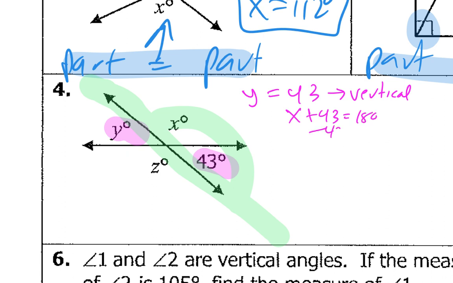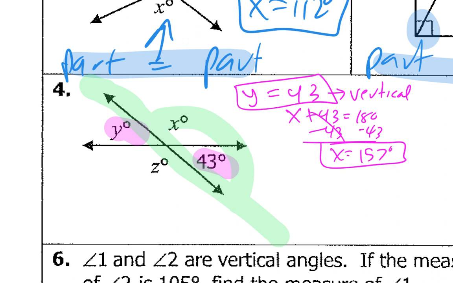Of course, I would just subtract 43, and that would mean X equals 157 degrees. So X is 157, Y is 43. Well, if X is 157, let's write that. If Y is 43, well, what else do we know?